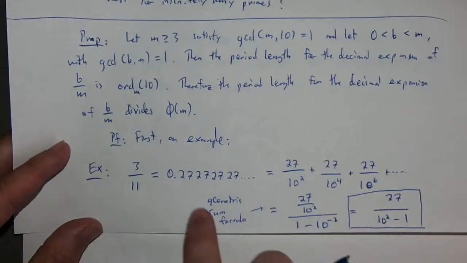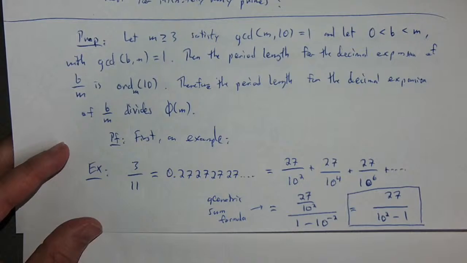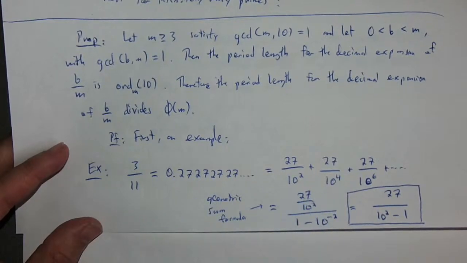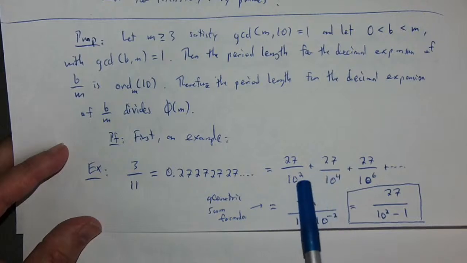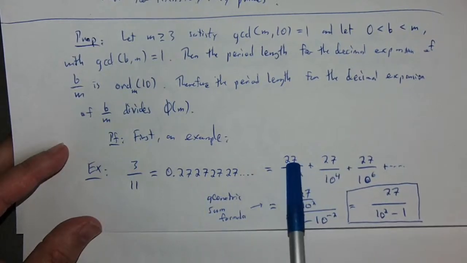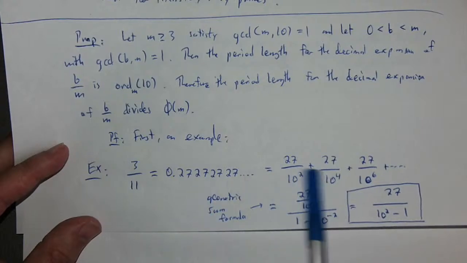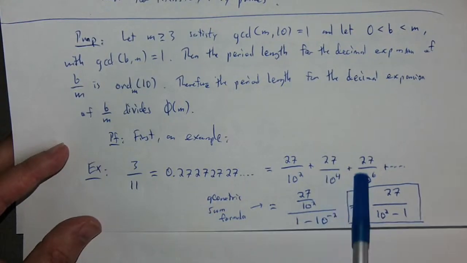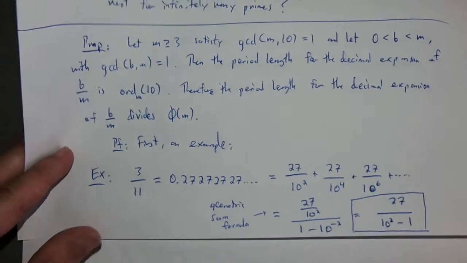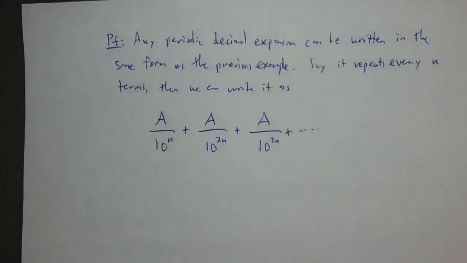Imagine that this decimal repeated every 3 blocks instead. Well, then we could do exactly that sort of thing. Instead, we would have whatever those 3 digits are over 10 cubed, whatever those 3 digits are over 10 to the 6th, 10 to the 9th, and so on, right? We would have that block over increasing powers of 10 like this.